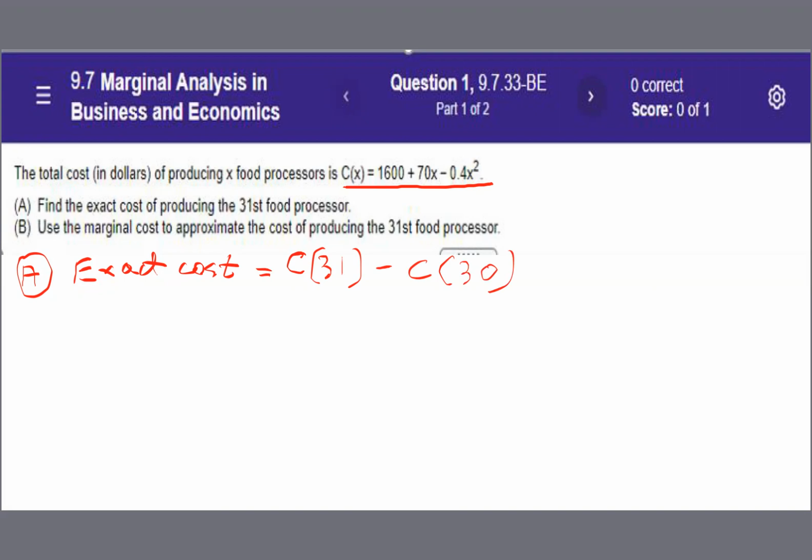So what is the cost of producing 31 units? We plug in 31 for x. So 1600 plus 70 times 31 minus 0.4 times 31 squared. I'm going to use a calculator to find this real quick. Maybe not as quick as I thought.